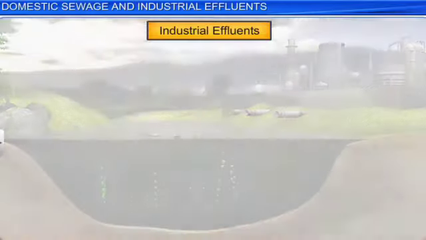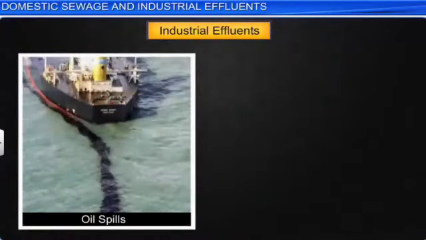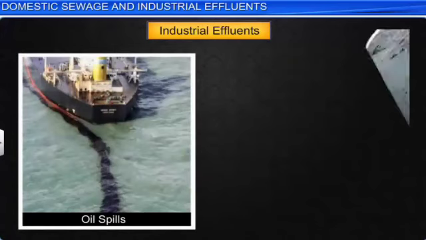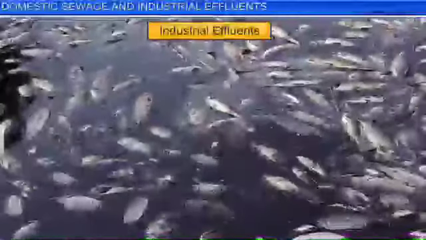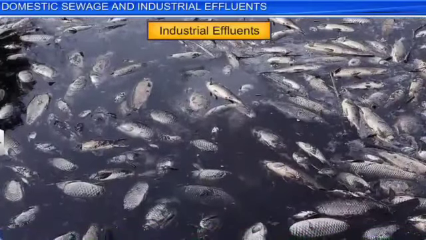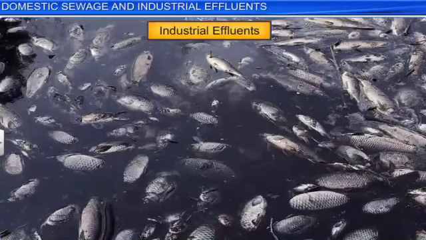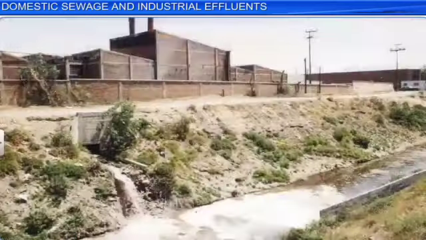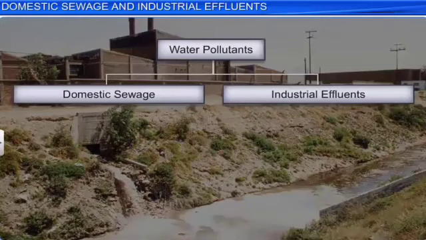Apart from thermal wastes, oil spills too can contaminate water bodies and, in the process, kill aquatic life. The decomposition of these dead organisms further depletes the water's dissolved oxygen, choking the water body to death. We human beings have been polluting water in various ways, and without stringent measures, it will be difficult to protect it.